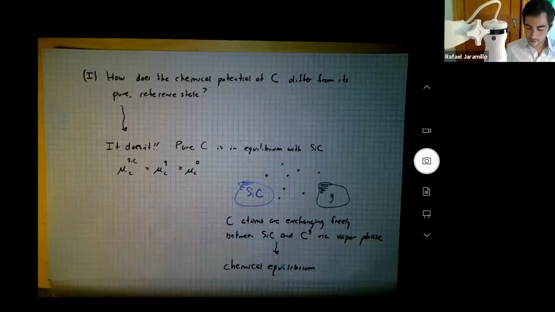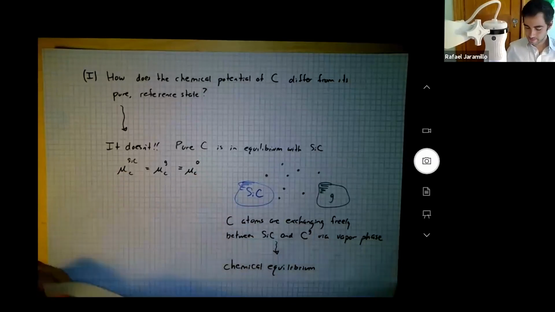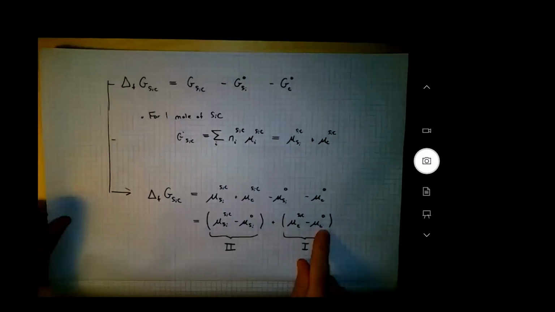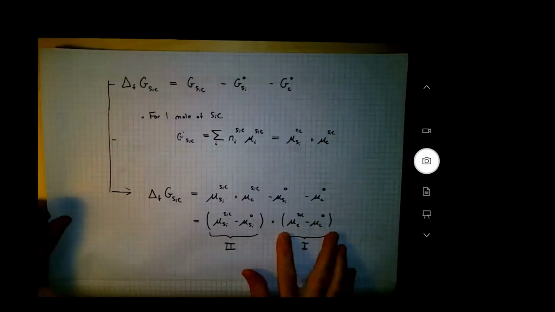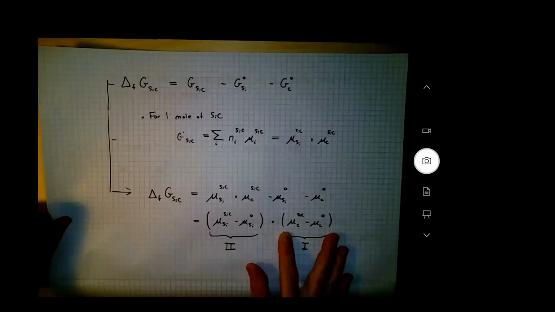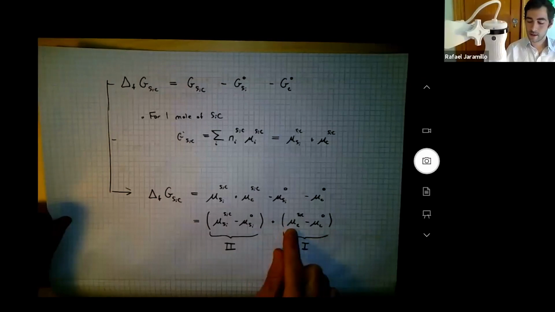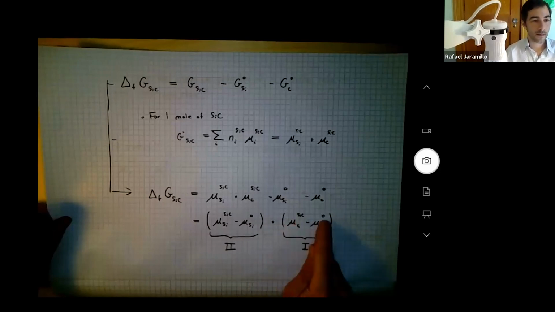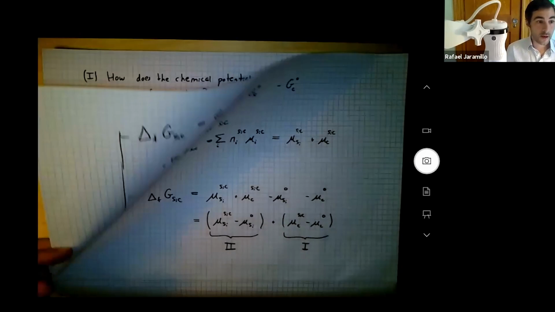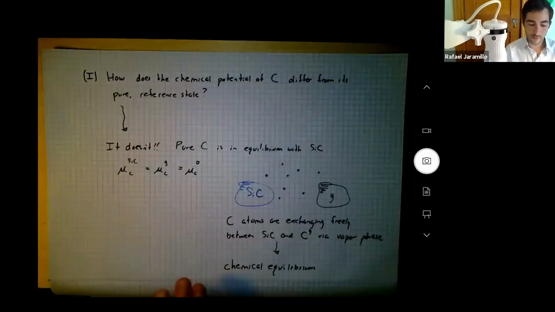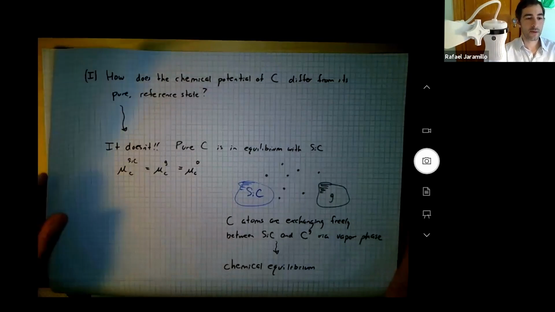Okay, so that's great. That means that what is this term equal to? What is the term in the expression in the parentheses equal to? Zero. Zero, right? Exactly. There's no difference in chemical potential for carbon between the compound and the pure state. Thank you, Ian. Okay, great. So half the right-hand side of the equation is put to bed. Let's put the other half of the right-hand side to bed. Let's take care of part 2, expressing it in words.